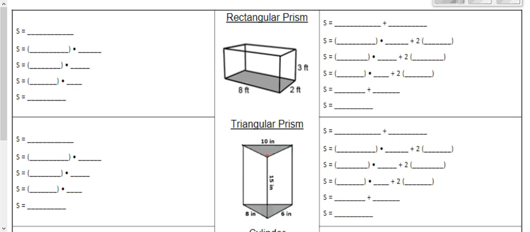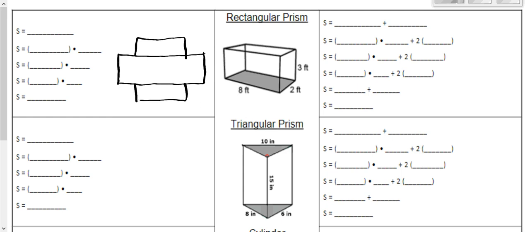So if I unfold the middle section, the middle piece of my rectangular prism, and then I have my 2 bases. So now I can really visually look at what this would look like.